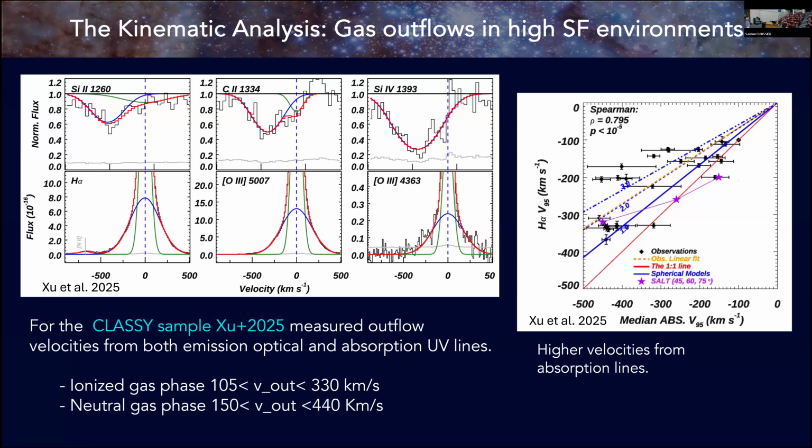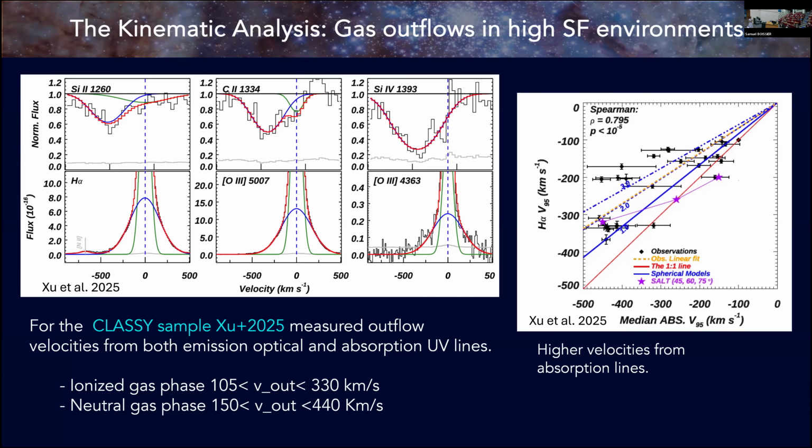On this, they applied multi-component emission line fitting and absorption line fitting also for different species in the ultraviolet. So they can measure blueshifted components that will give us the magnitude of outflows in those systems. They found for the local galaxies that there are higher velocities from absorption lines.